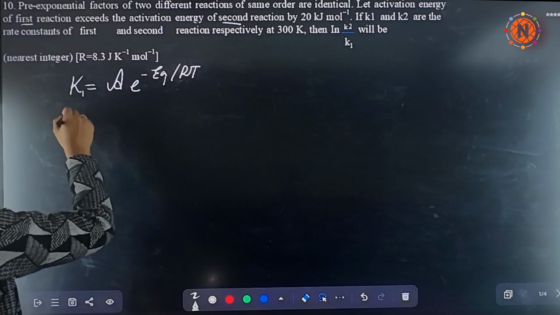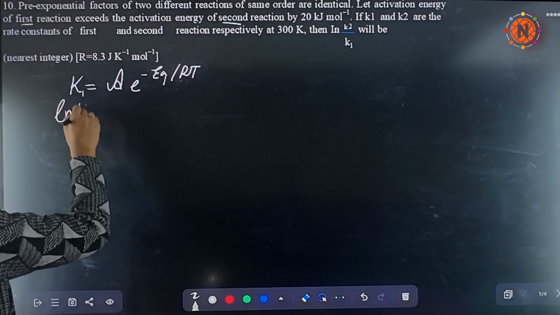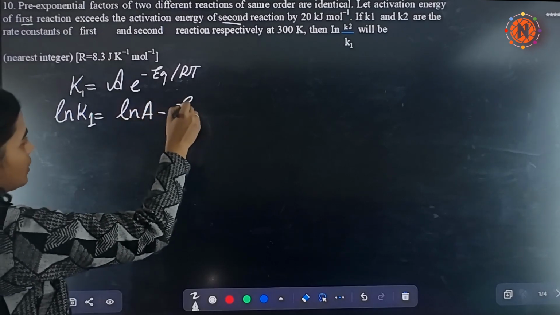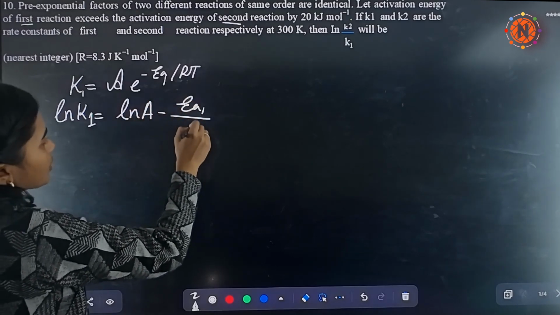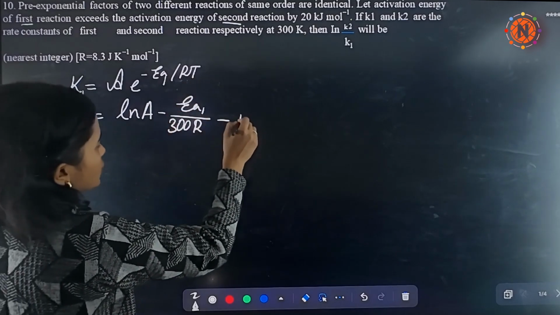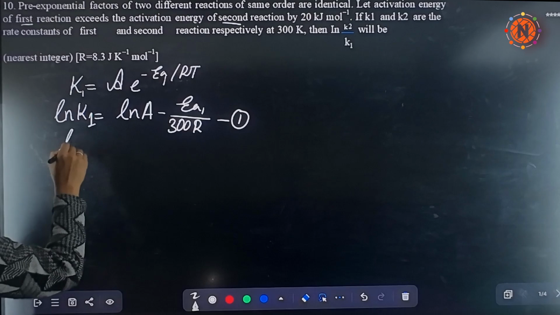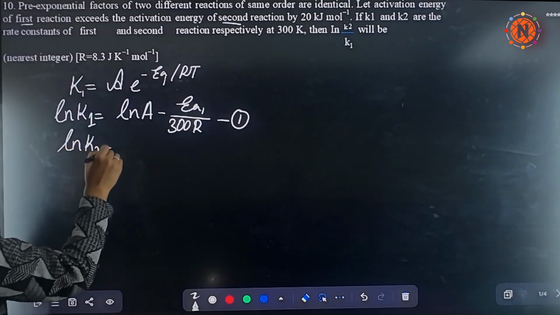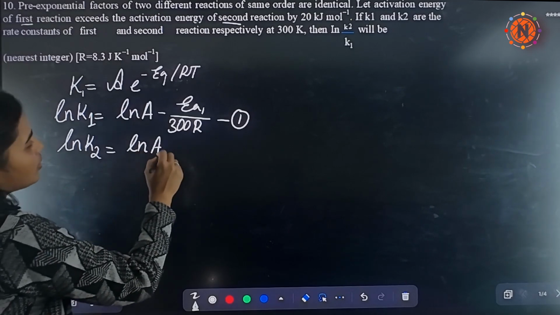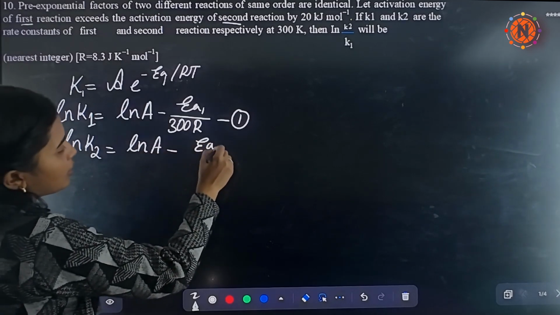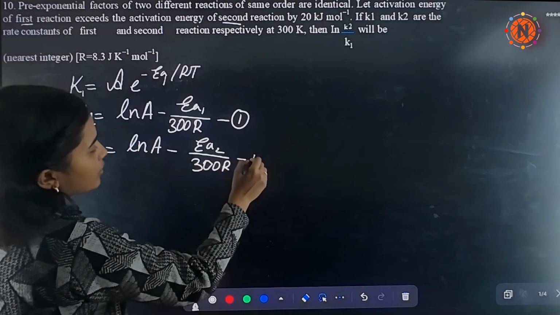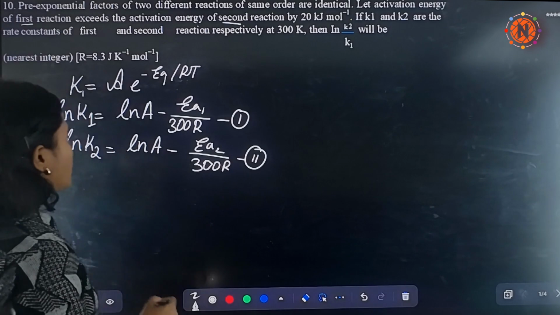So let us consider by taking ln on both sides, then we will see that it will be ln K1 equals ln A minus EA1 divided by R T. T is given to us, it is 300. Okay, this is equation number 1. For ln K2, it will be ln A minus EA2 divided by 300 R, that is equation number 2.